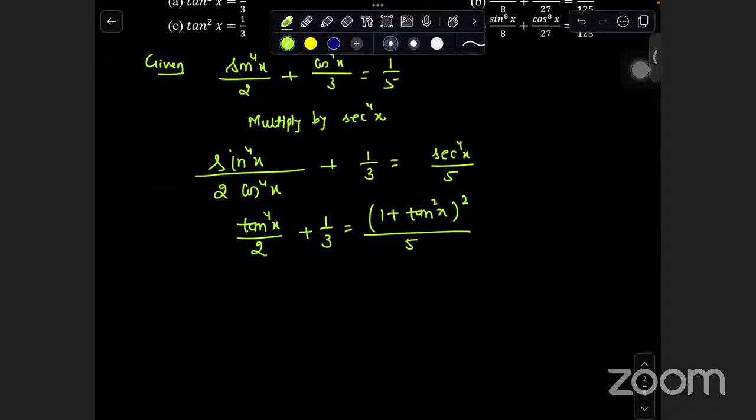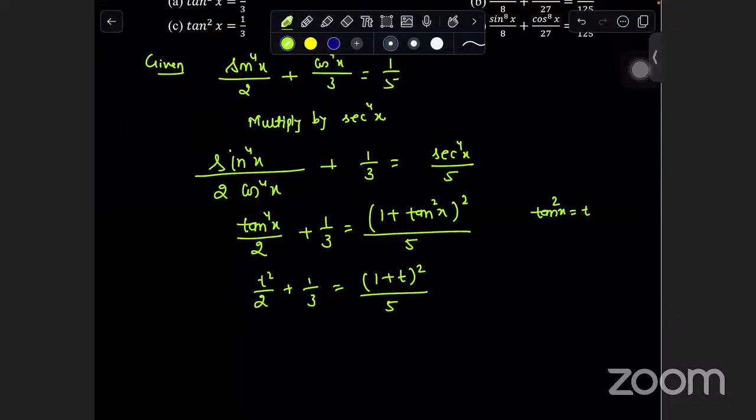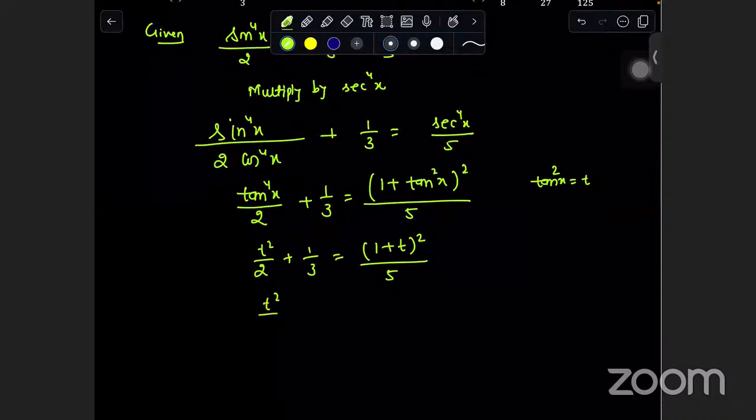Now, just to avoid writing it again and again, let me assume that tan square x is t. So it will be t square upon 2 plus 1 by 3 is 1 plus t whole square upon 5. That is t square upon 2 plus 1 by 3 is 1 plus 2t plus t square upon 5.